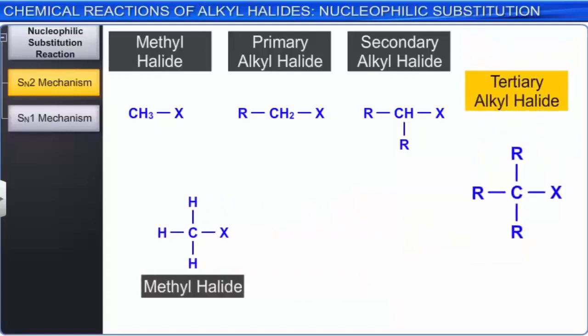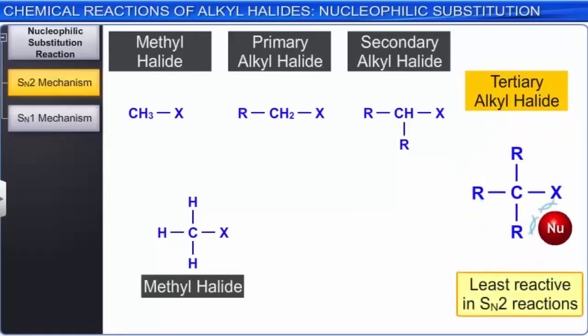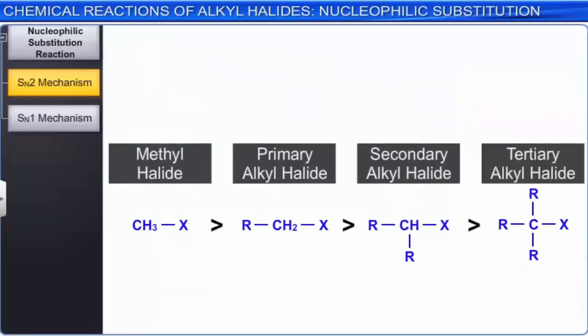Tertiary alkyl halides, on the other hand, due to the presence of bulky groups, are the least reactive in SN2 reactions. Thus, the order of reactivity of alkyl halides towards SN2 reactions is as shown here.